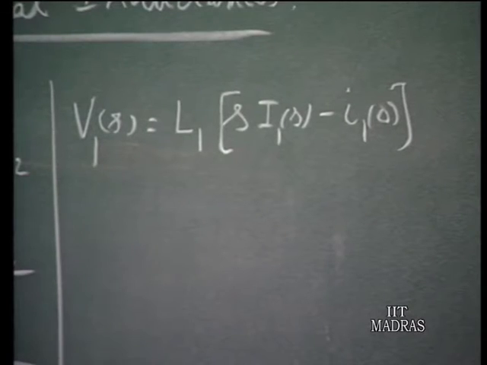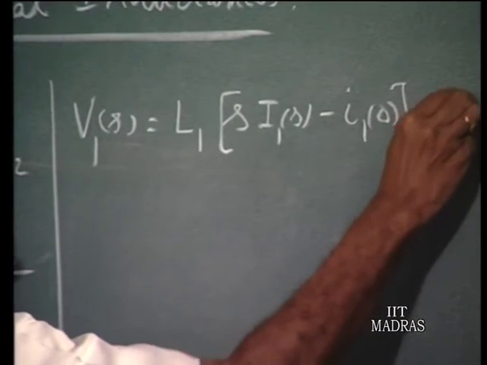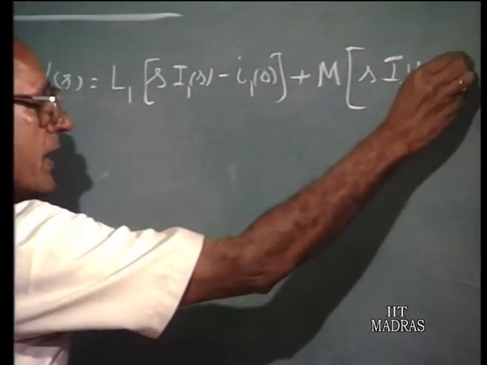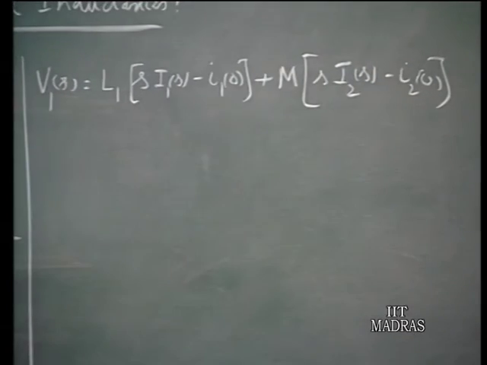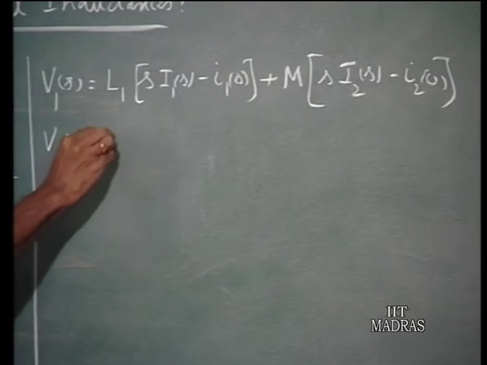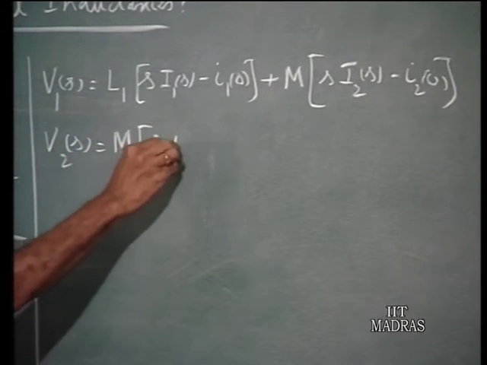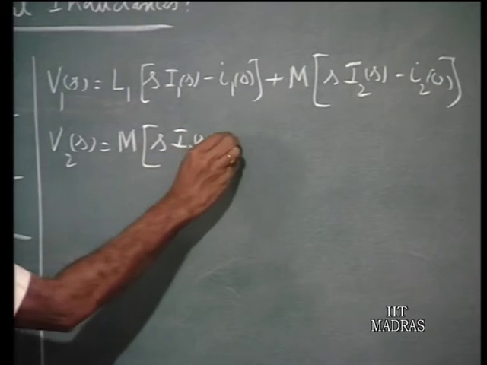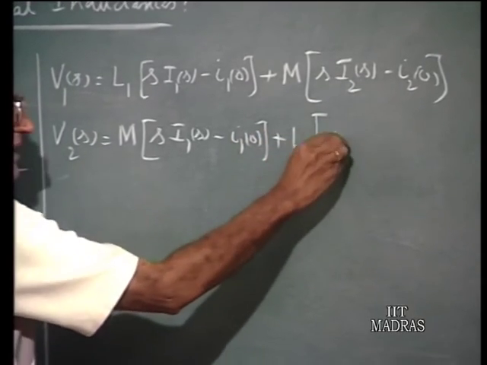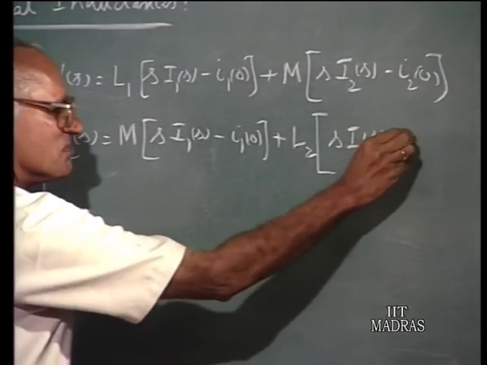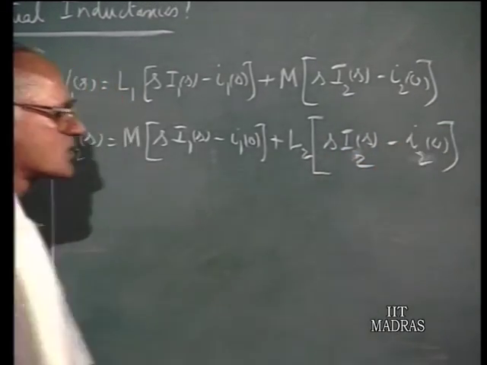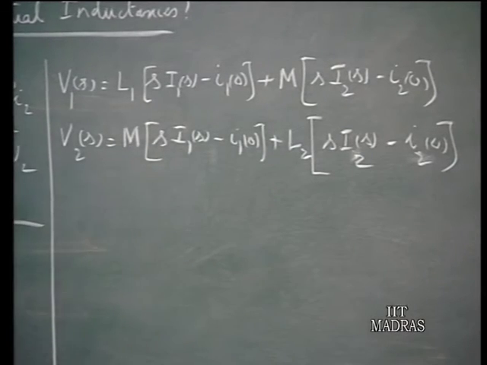Similarly, the Laplace transform of M di2 dt will be M times S times I2 of S minus I2 0. Second equation will be V2 of S equals M times S times I1 of S minus I1 0 plus L2 times S times I2 of S minus I2 0. So, this is a straightforward application of transforming these equations.